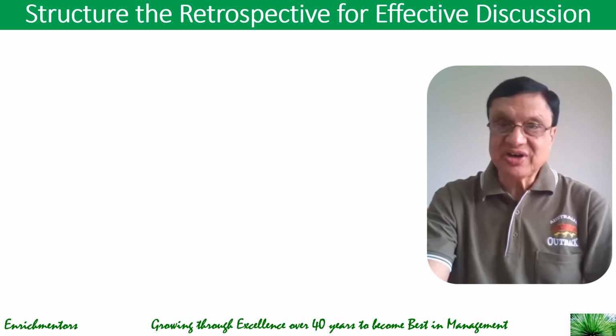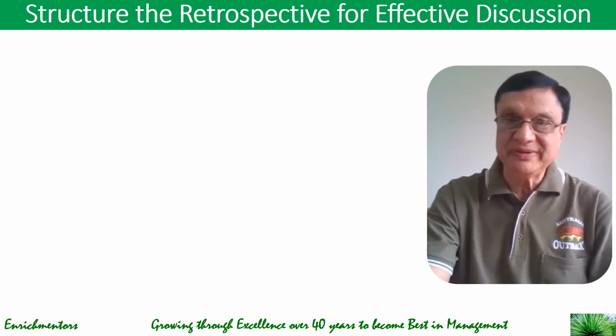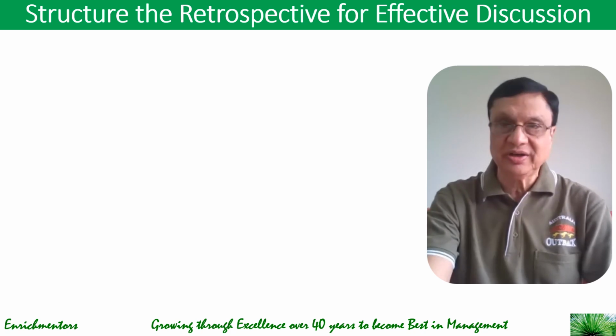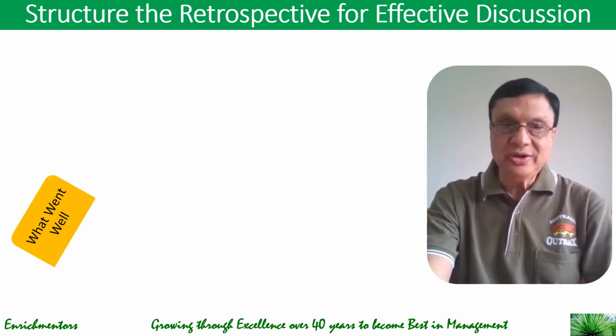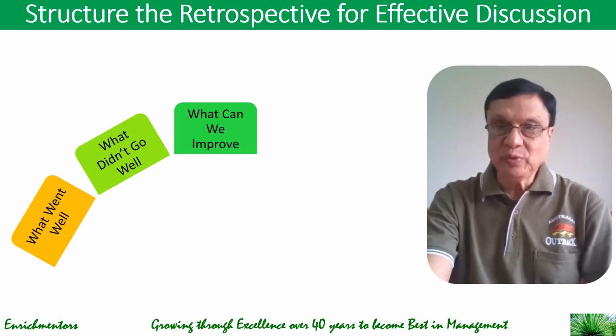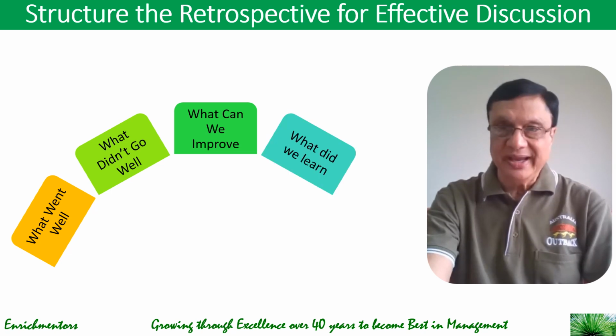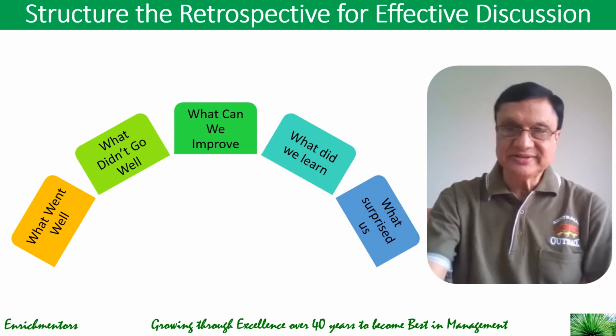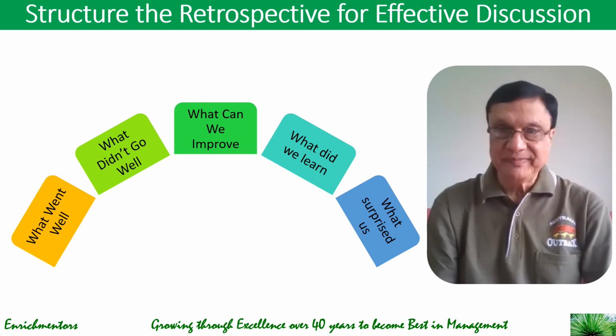Use a clear structure for retrospectives to keep discussion focused and productive. You could follow the framework of what went well, what did not go well, and what can be improved to guide the conversation. You could also add prompts like what did we learn and what surprised us to spark deeper thinking.